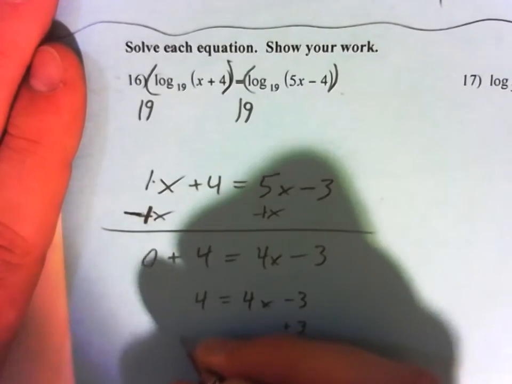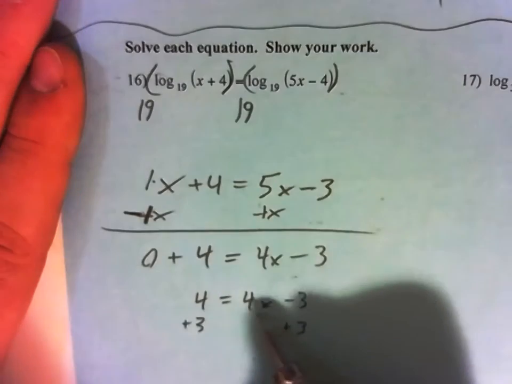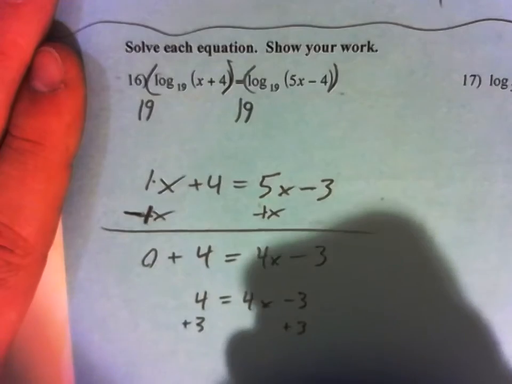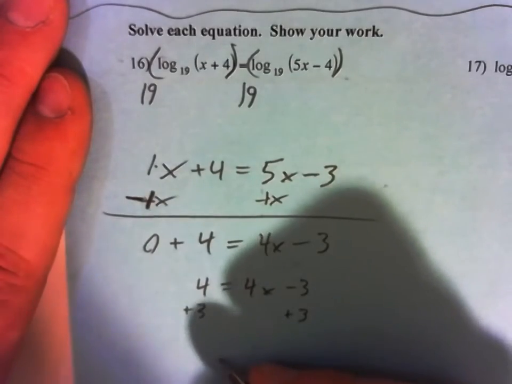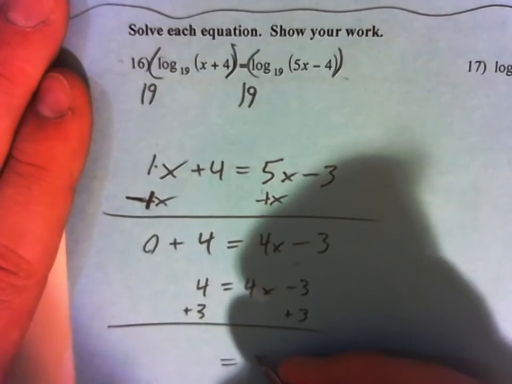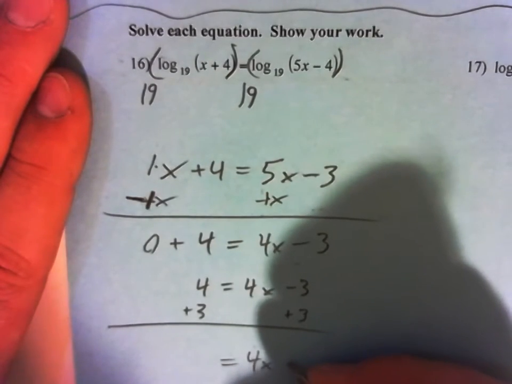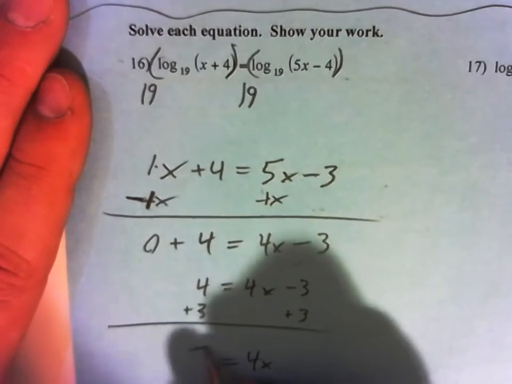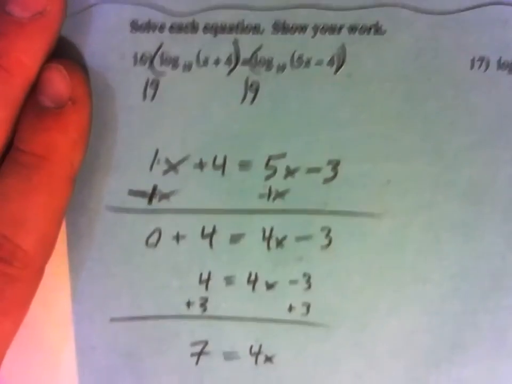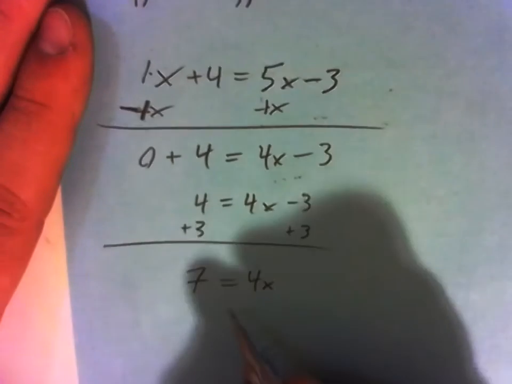I'm going to add 3 to both sides so that all that's left on this side is x's. And that will tell me, adding it up, 4x, you could say plus 0 if you want there. 4 plus 3 is 7. So what am I going to get?